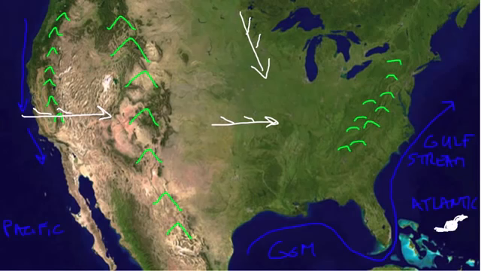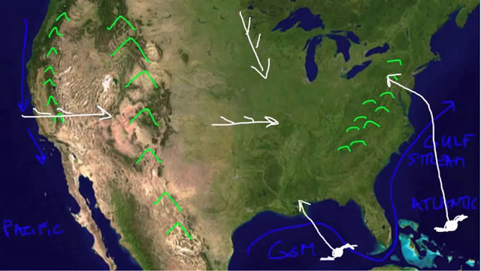They move and circulate counterclockwise. They come up and hit the East Coast. Hurricane Sandy followed this path last year. And then back in 2005, a large Hurricane Katrina came up the Gulf of Mexico and hit New Orleans, causing several thousand deaths.